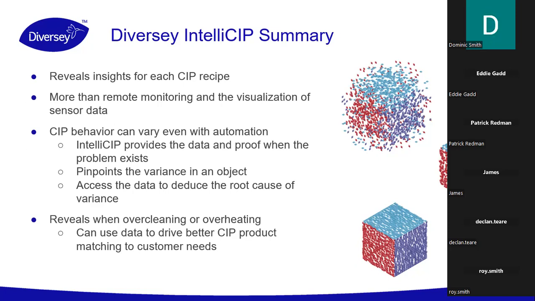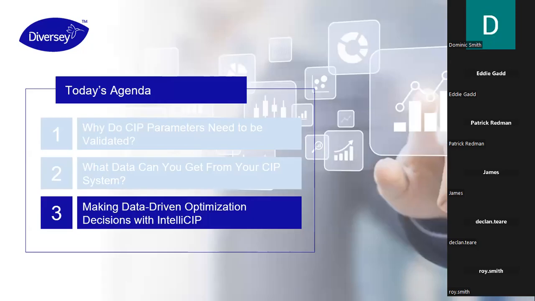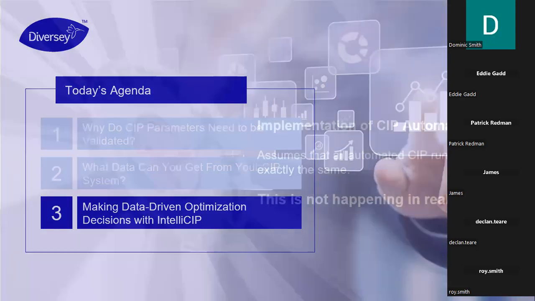Okay, and it can reveal some very interesting stuff. So we have your monitoring and verification ticked off. Let's look at operational improvements, so how you can make optimization decisions using the data that you get from IntelliCIP.